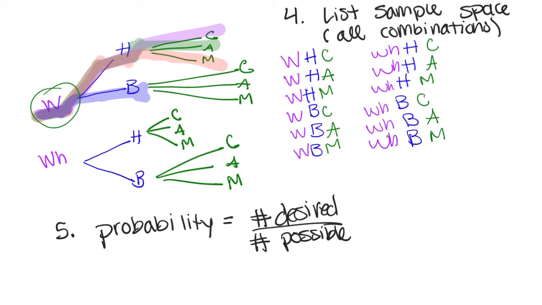Okay, so I've made my sample space now. Now we're going to find the probability. And we wanted to find the probability of white, ham, and cheddar. So I'm going to see how many have that combination of WHC.